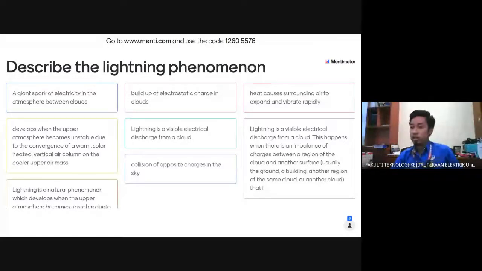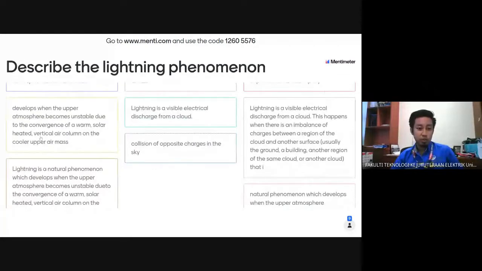Okay, we have 8 students who have already shared the answer here. Develops when the upper atmosphere becomes unstable due to the convergence of warm, solar heated vertical air column on the cooler upper air mass. Lightning is a visible electrical discharge from a cloud.